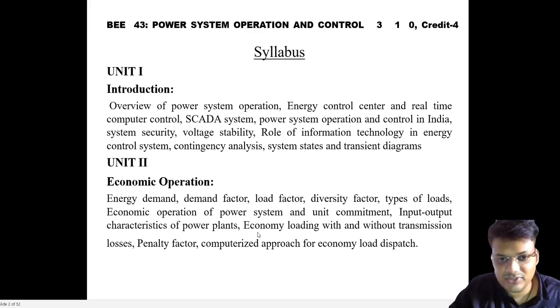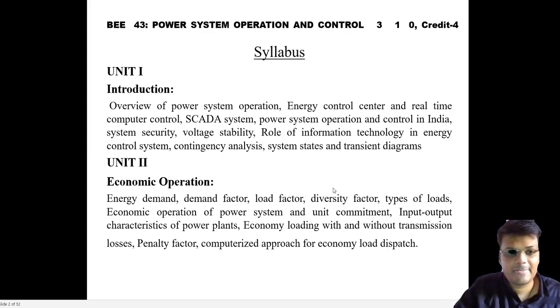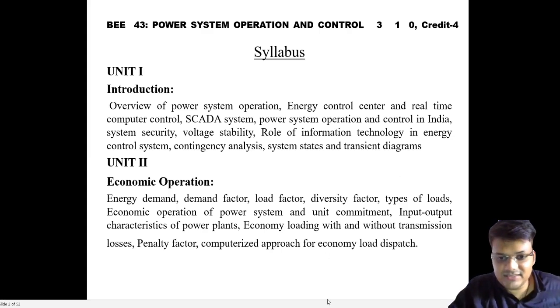We have only two topics left: economic loading with and without transmission losses, in which there is a penalty factor, and unit commitment. Last, we will see the computerized approach, the load flow for economic load dispatch, and the unit will be completed. I hope today's session is very helpful to you.